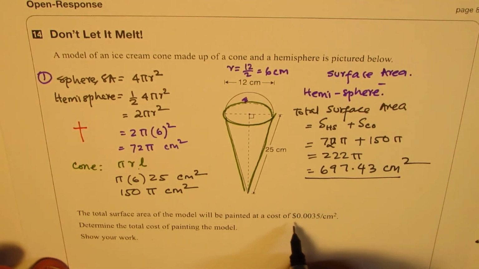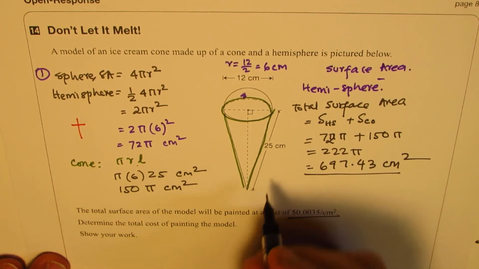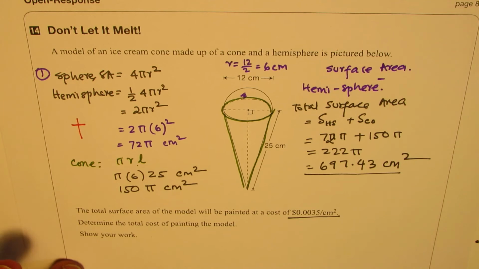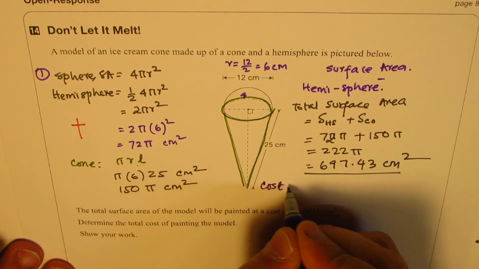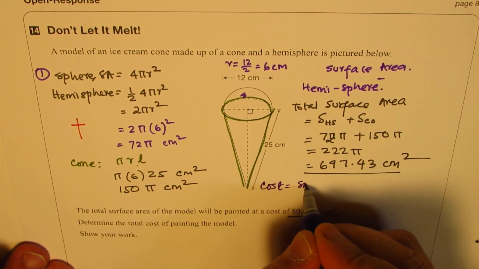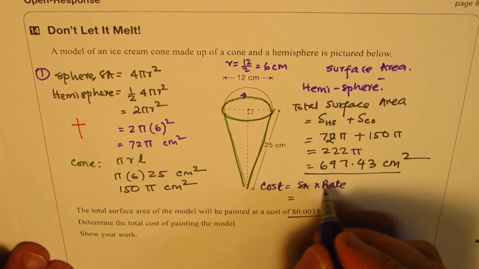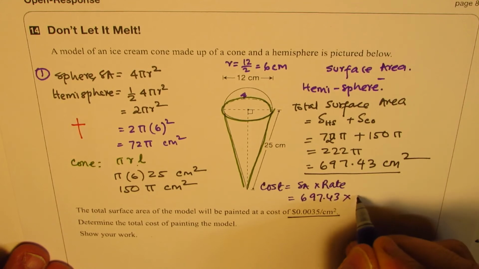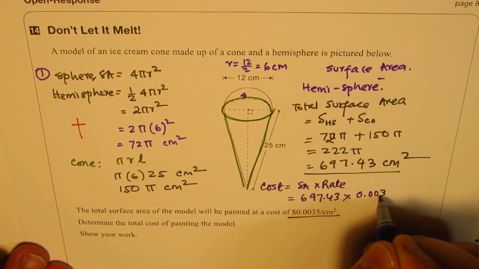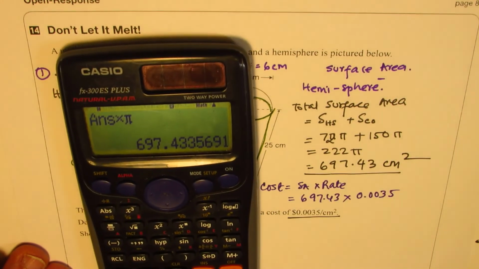The rate is given to us as 0.035. So the cost will be how much? You need to multiply the surface area with the rate, right? So now we can find the cost. Cost will be equal to surface area times the rate. So in this case, it is going to be 697.43 times 0.0035. So we already have the first number in the calculator.